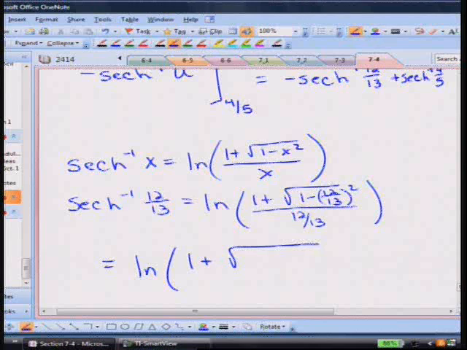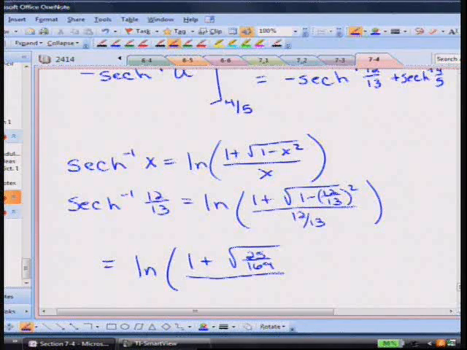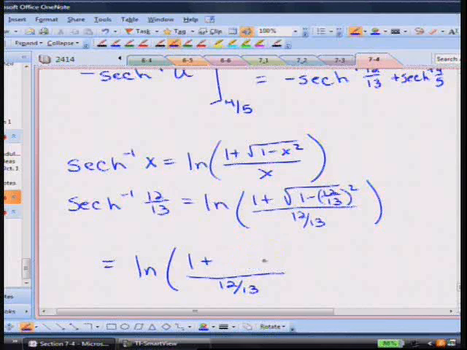All right, this is 169, so this is going to be 169 minus 144, which is 25 over 169, and then over 12/13. And then the square root of 25 over 169 is 5/13, right? So we can just write this as 5/13.